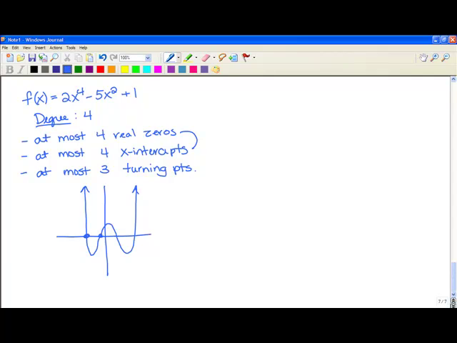We've got 1, 2, 3, 4 real zeros, just like we said up here. Those are also called x-intercepts. And looking at the turning points, where it changes direction, we've got one there, got one here, and over on the right. So we do have 3 turning points for this particular problem.